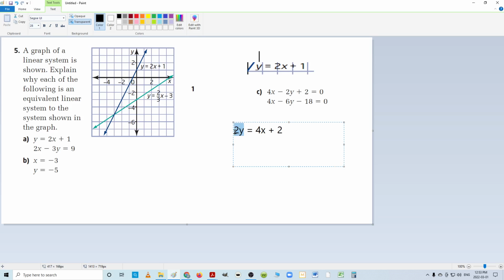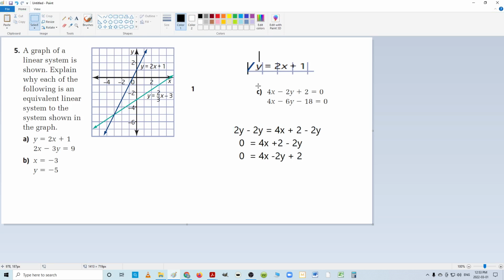So we're going to bring our 2y to the right side, like that. And we get 0 is equal to 4x plus 2 minus 2y. Now here's a little thing on notation. You always start with your x's, then y's in alphabetical order, so 2y, and your numbers always last. And lo and behold, even though they're on the opposite sides of the equal sign, they're the same thing, right? Doesn't matter if I put the equals 0 over on this side or not.